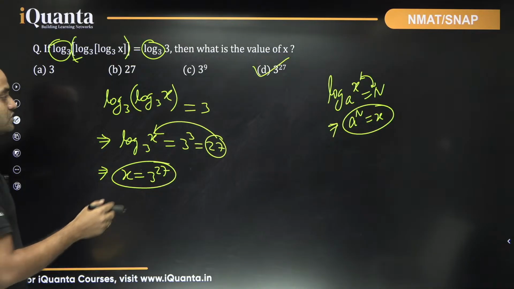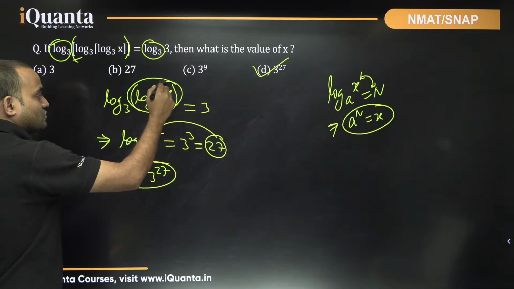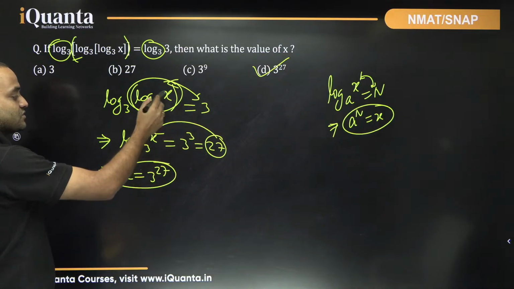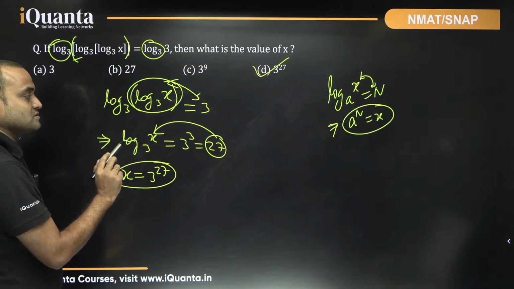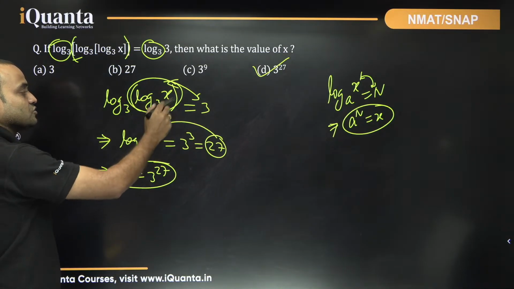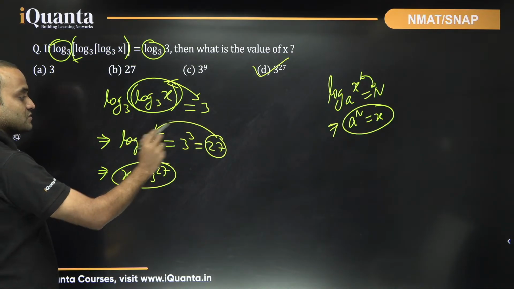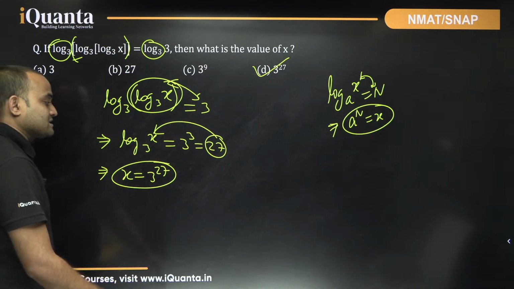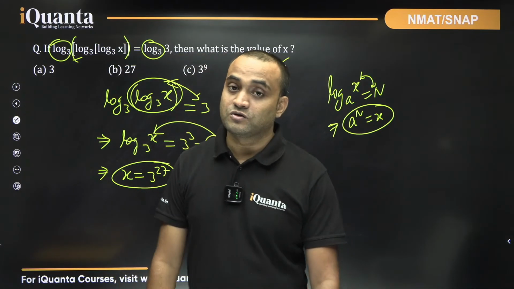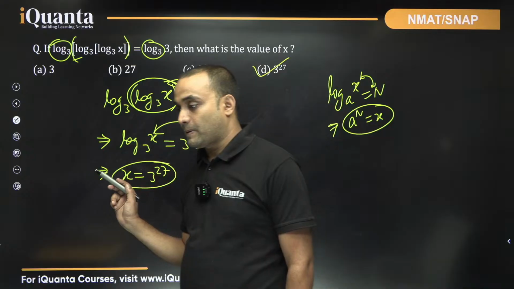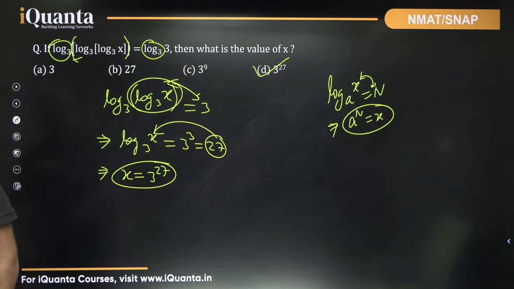Now what you can do, you can exchange these two values and remove the log. So 3 to the power 3 is equal to log x base 3. Okay, this value should be 3 to the power 3. Now what happened, this is 27. So again log x to the base 3 is 27. What should be the value of x? x will be equal to 3 to the power 27. Okay, Nawab, is that clear now?